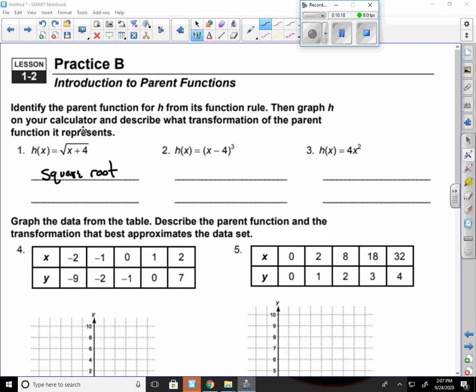What transformation is being represented? This is going to be a horizontal translation, because it's under the root. I could also say what's happening to it. It's moving left 4.